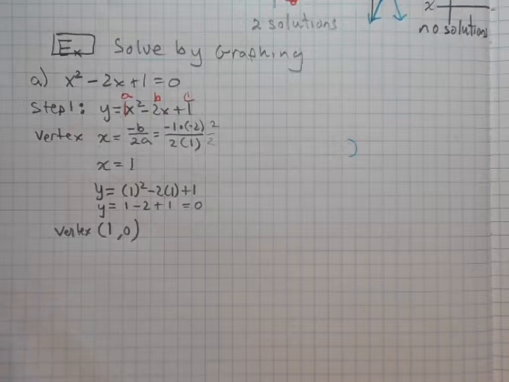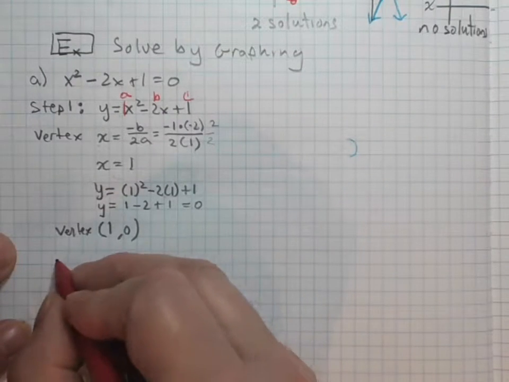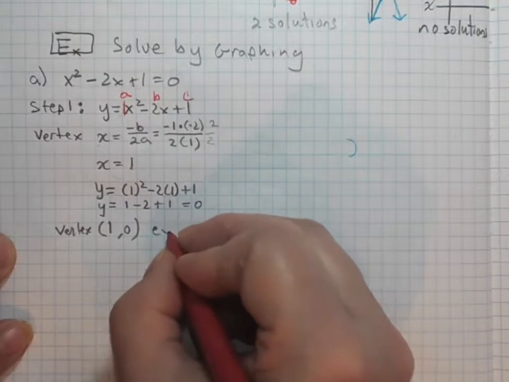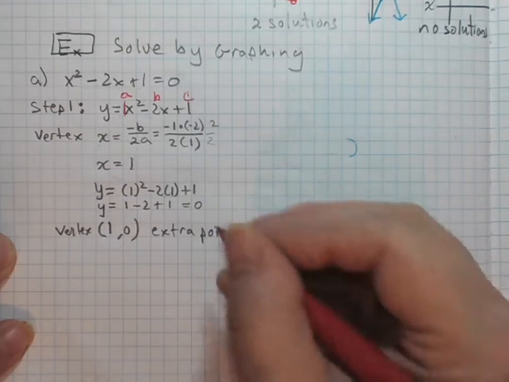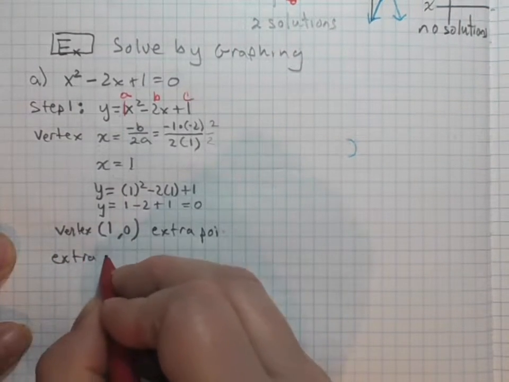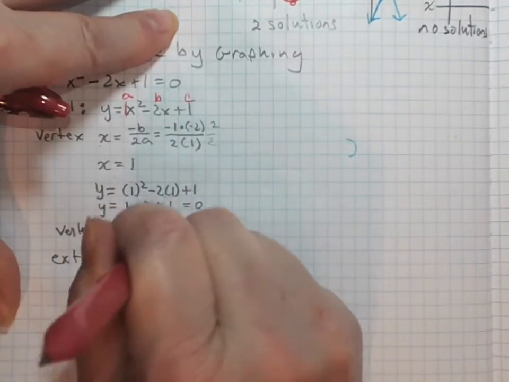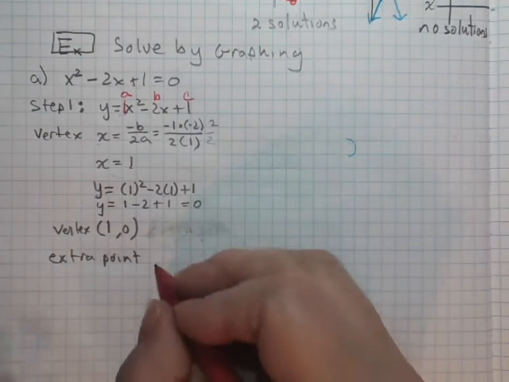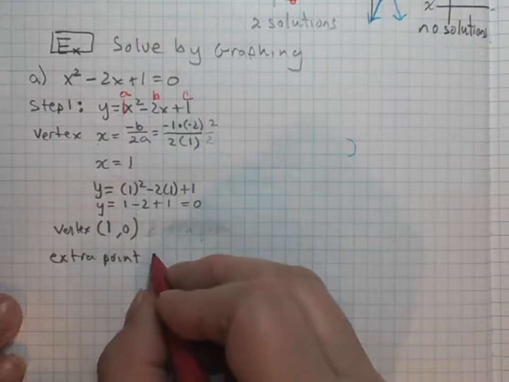Okay, now the only other thing I need is another point for symmetry. So an easy point to plug in, like an extra point. Let me put that down here. Okay, good one to plug in, since I don't have the y-intercept, just to figure out what the y-intercept is.